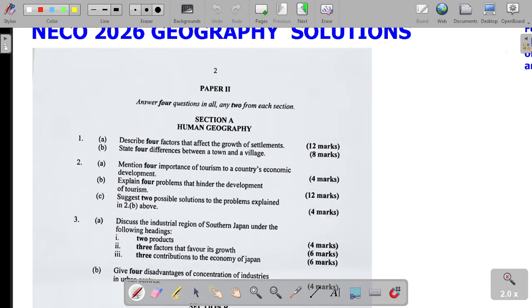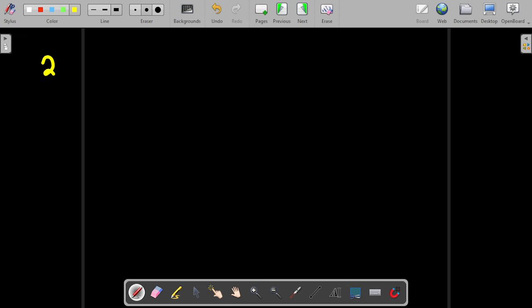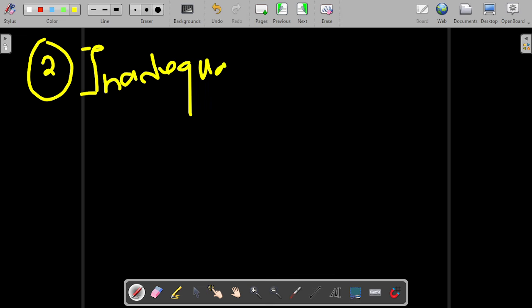So number 2, we have inadequate funding. Like Topographical Raj in Cross River, in Calabar, inadequate funding.